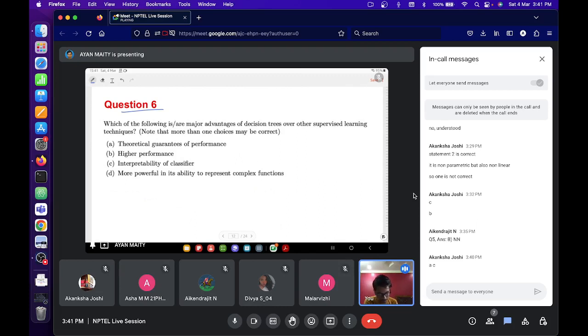So here, interpretability of classifier is the only correct answer. A, theoretical guarantee of performance, is not correct, because decision trees suffer from the problem of overfitting.